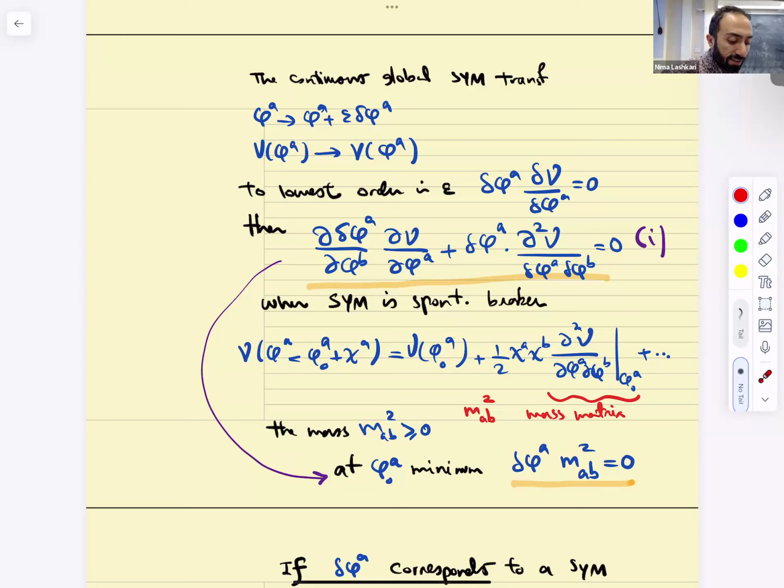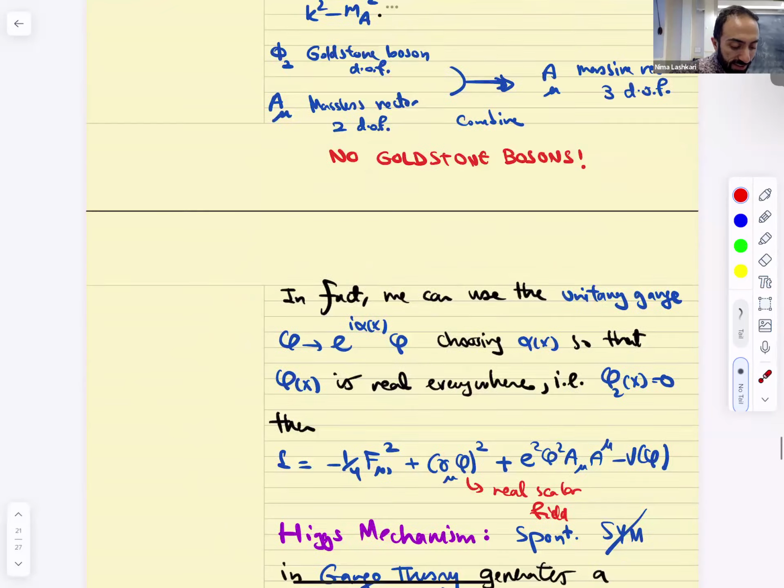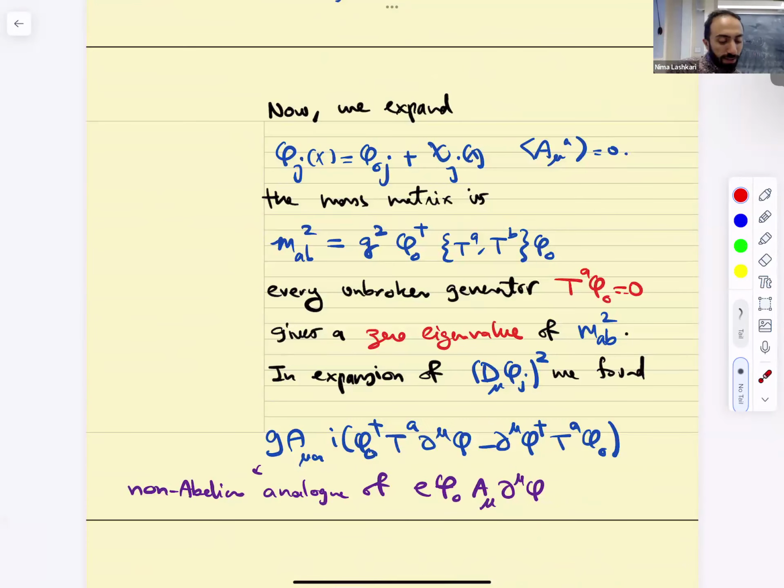If it's invariant, del phi A is 0. But when it's no longer invariant, it's broken, its corresponding MAB has to be 0, right? So in this setup, there are these TAs that appear. This TA is the analog of that del phi, right?